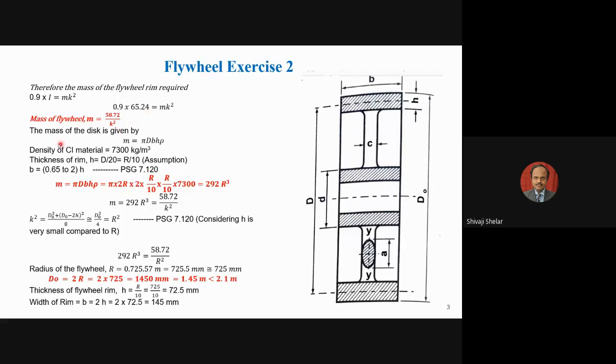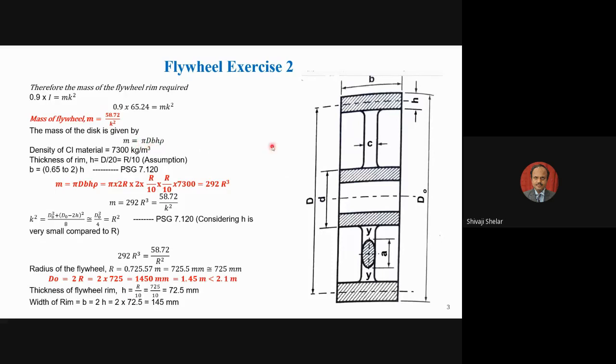Another way you can calculate the mass of the rim is given by this formula. Now if you see, this is your mean diameter d. This is a circular element, so what is the length of this circular element? It is the circumference, pi d.